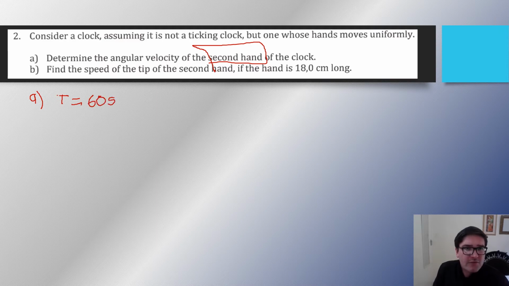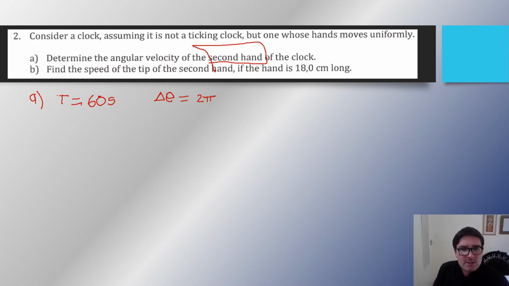And a full revolution means that our angular displacement, indicated by delta theta, will be 2 pi. Because remember, a full revolution is 360 degrees, but in terms of radians, it is 2 pi.